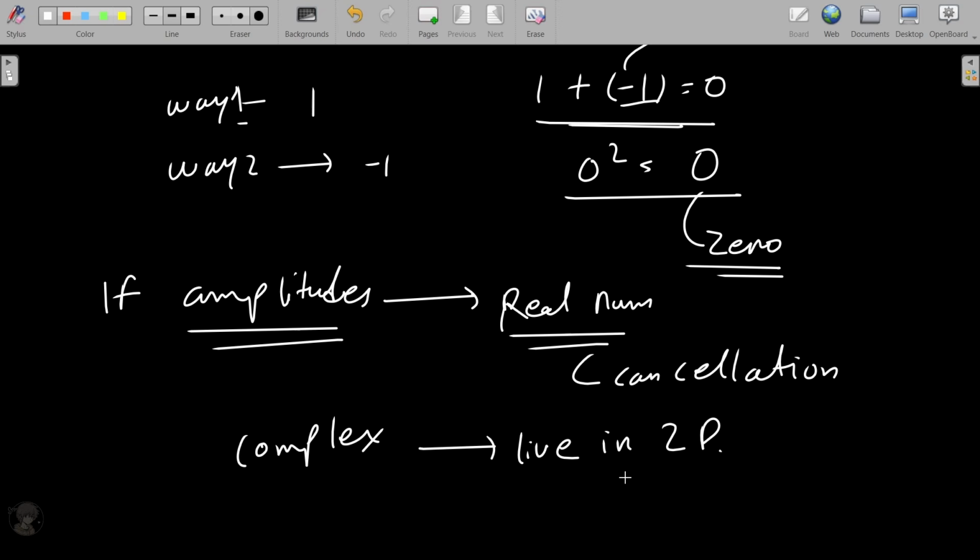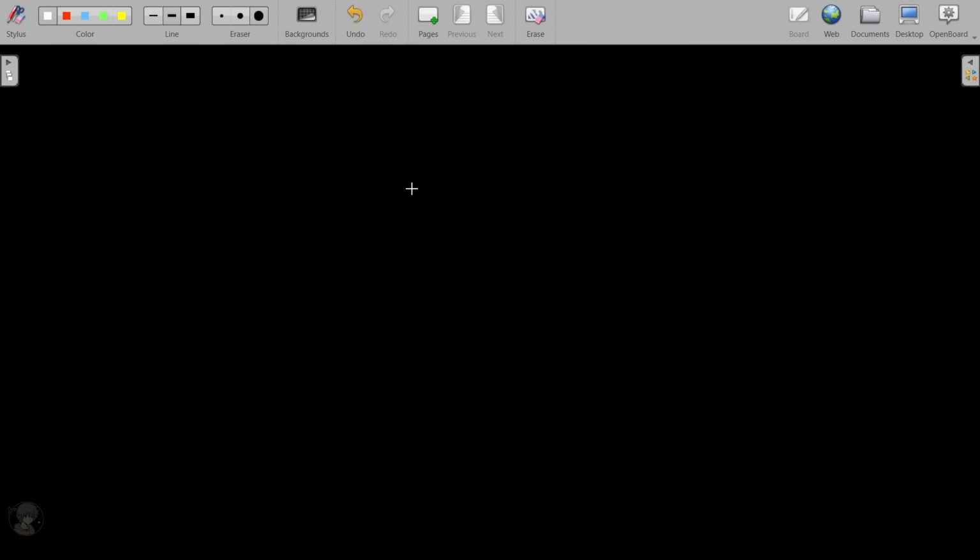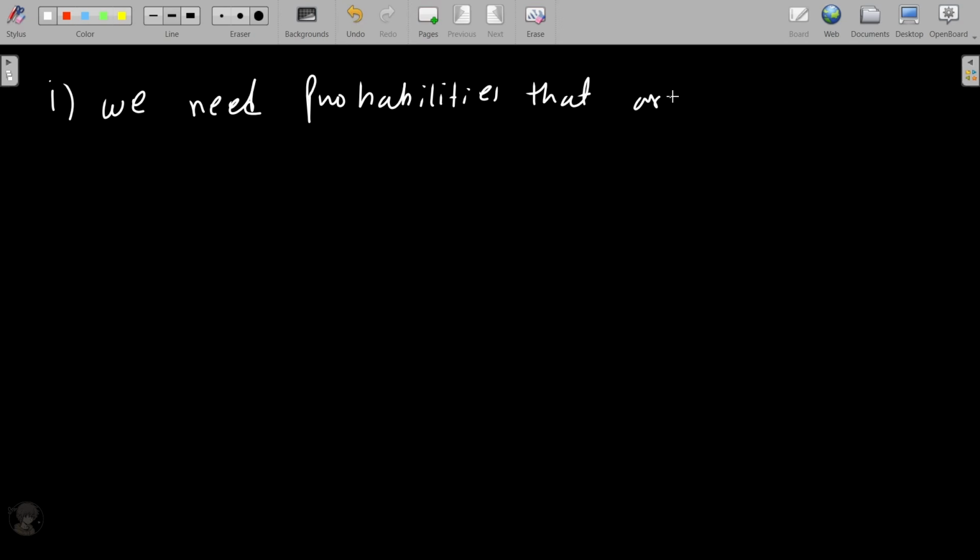So let me give you the final summary, so that you can connect everything we have studied so far. First, we need probabilities that are positive and sum to 1.